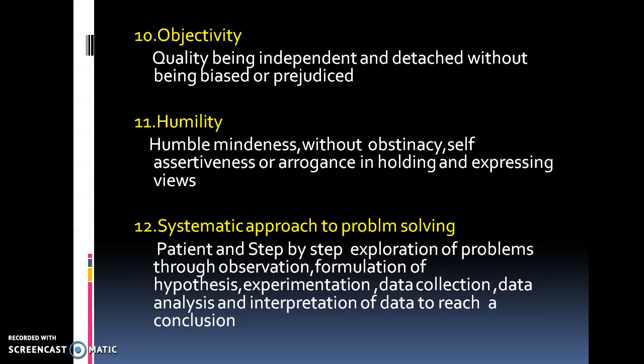Then the last one is the systematic approach to problem solving. We should be patient and make a step-by-step exploration of problems through observation, formulation of hypothesis, experimentation, data collection, data analysis and interpretation of data to reach a conclusion. All these 12 different scientific attributes are what we need to follow while doing a scientific investigation. That is called a scientific attitude.